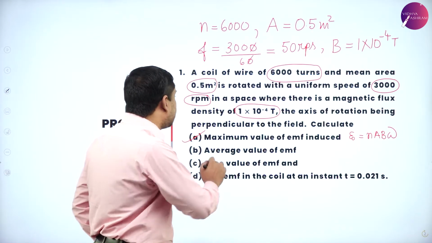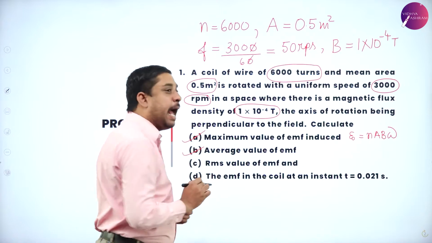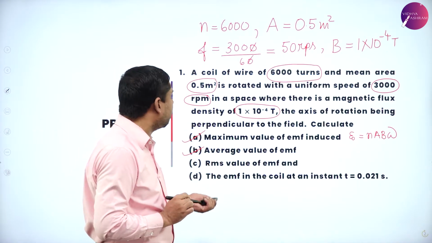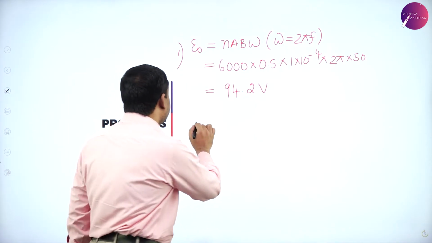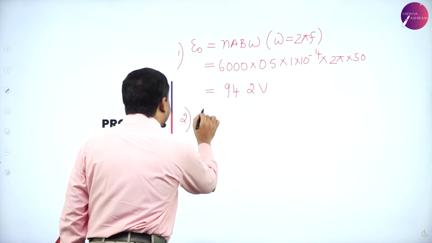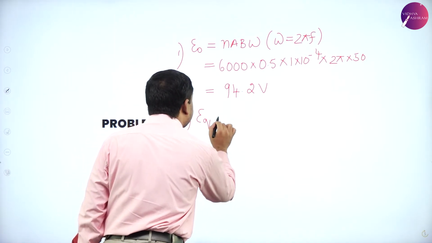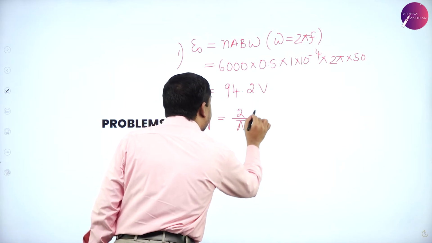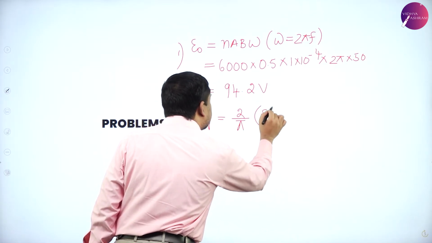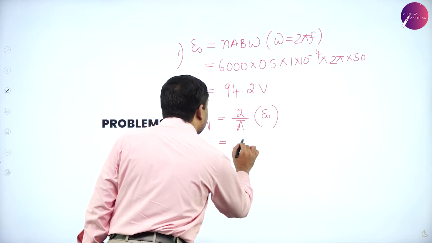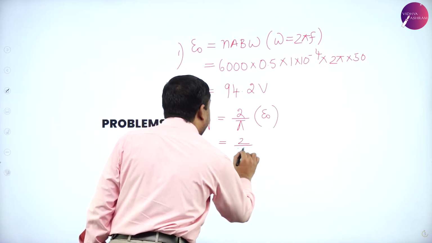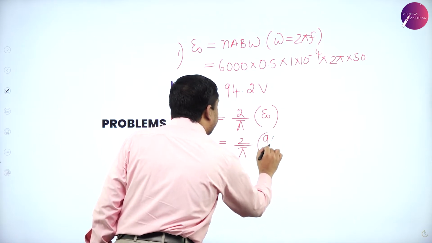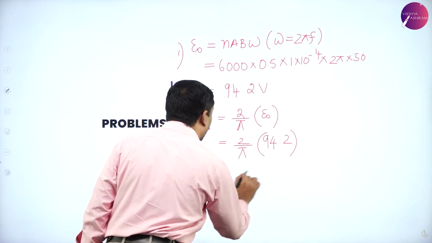Next, what has to be calculated? Average value. All of us know E average is nothing but 2 by pi times E naught. So 2 by pi times 94.2.